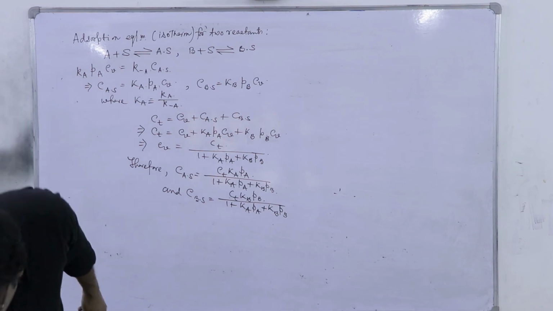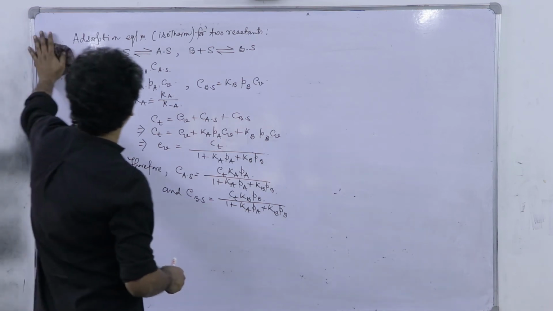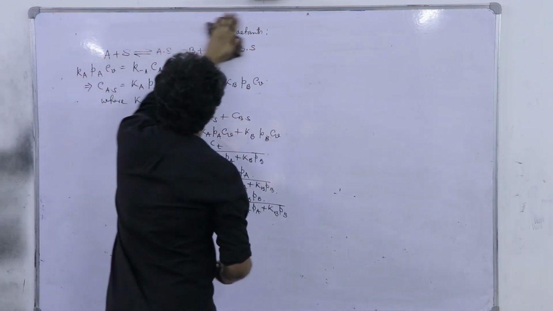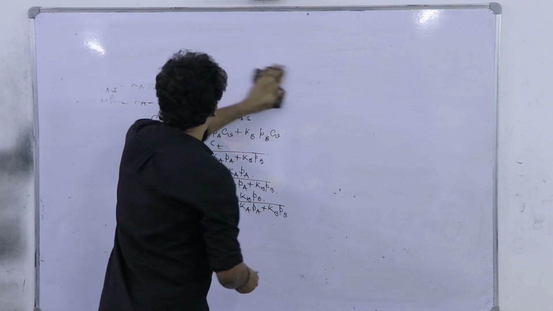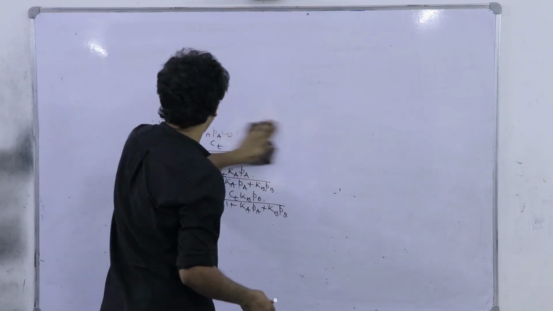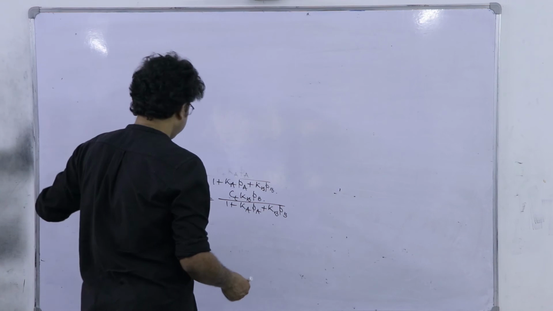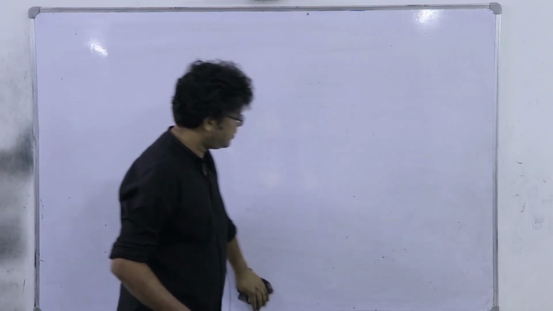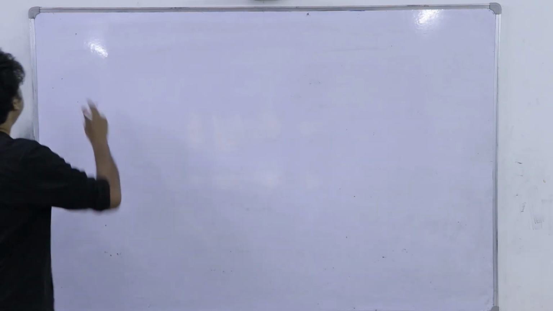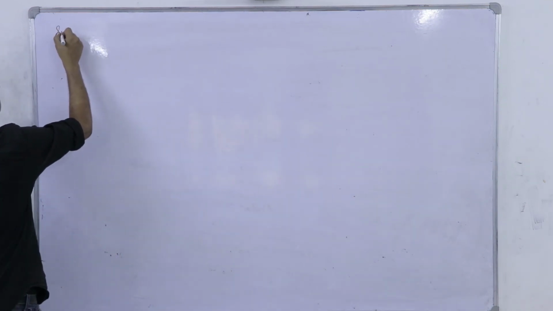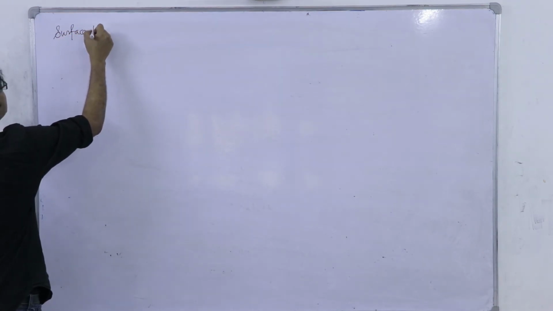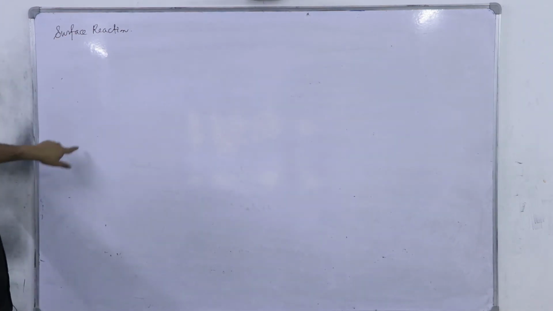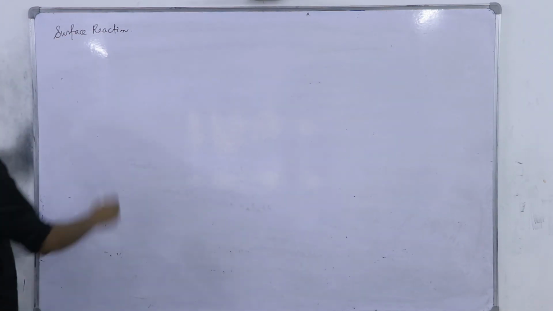So, next we will think of how to represent the surface reaction. So, okay, let me erase this part. So, the surface reaction. There are two broad models for the surface reaction.